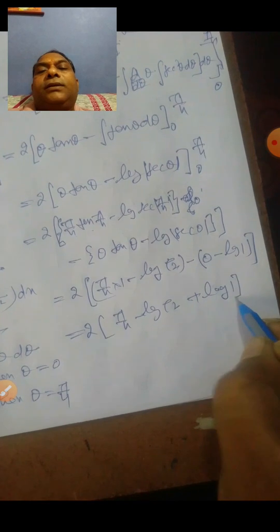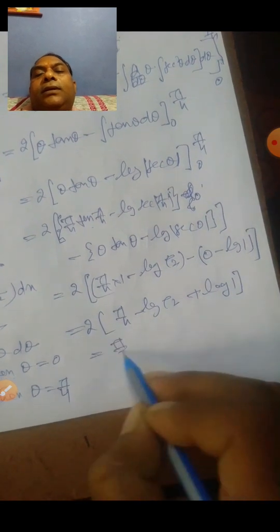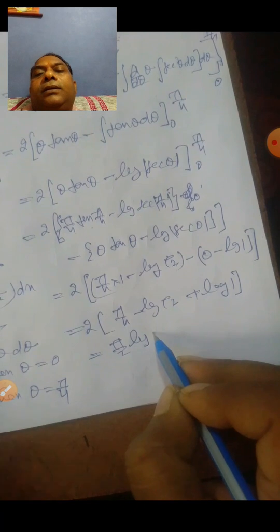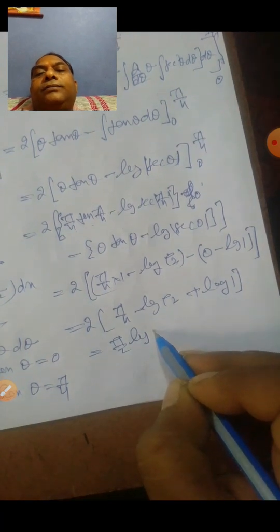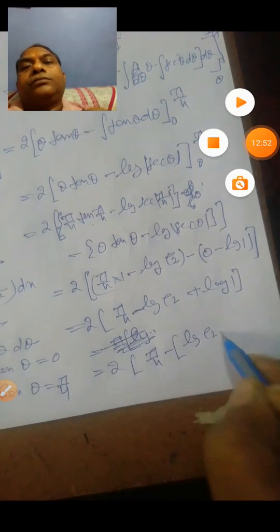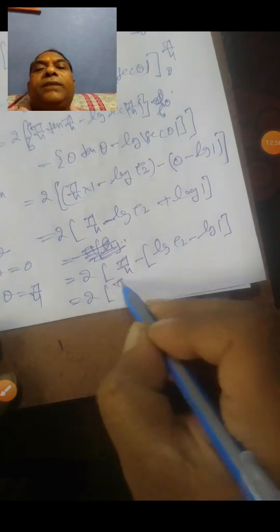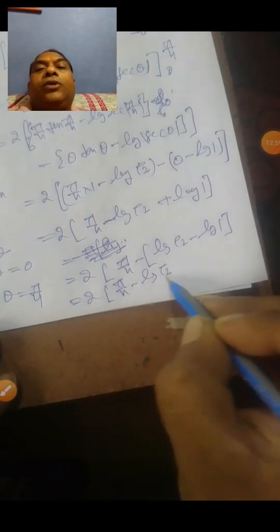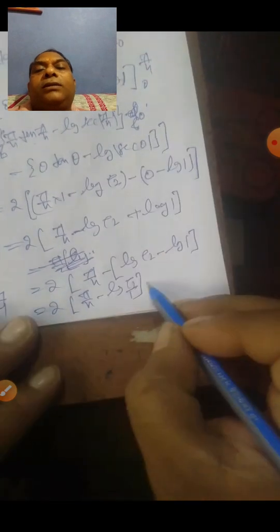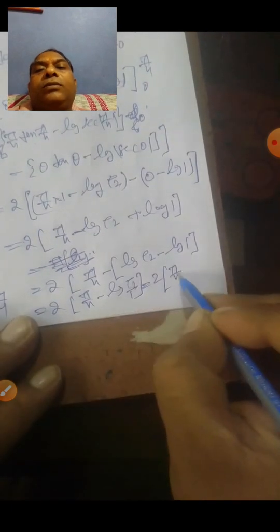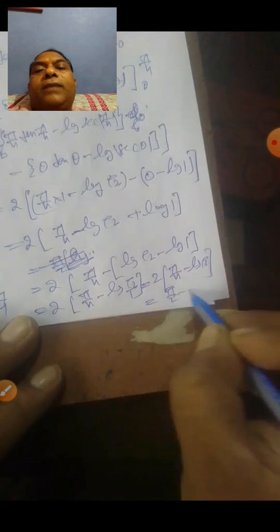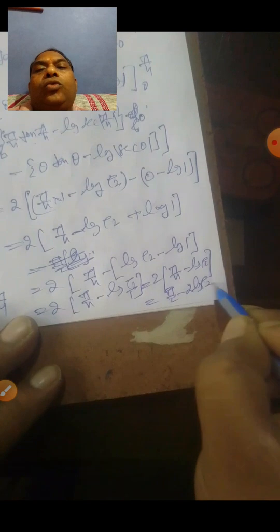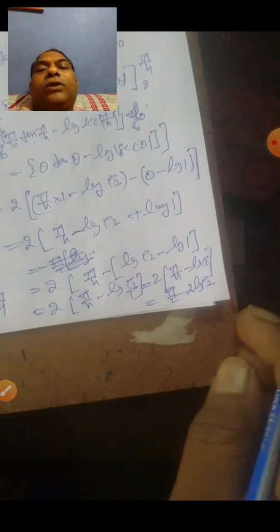Log sec 0 is log 1, which will be equal to 0. So this will be equal to pi by 2 minus 2 log root 2, and we know that n log m is equal to log m to the power n.